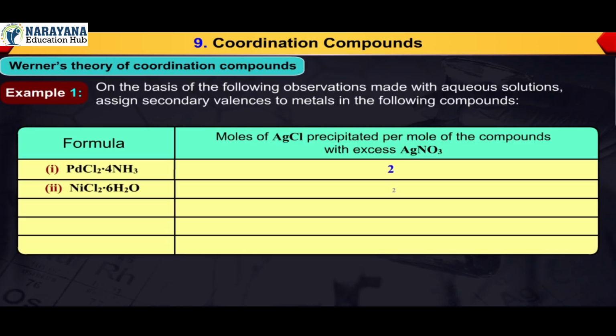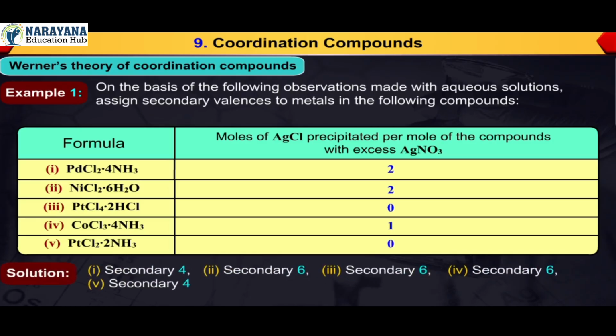NiCl2·6H2O, 2. 3. PtCl4·2HCl, 0. 4. CoCl3·4NH3, 1. 5. PtCl2·2NH3, 0. Solution: 1. Secondary valence 4. 2. Secondary 6. 3. Secondary 6. 4. Secondary 6. 5. Secondary 4.